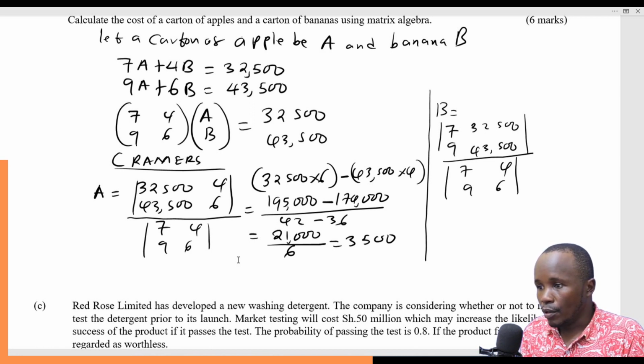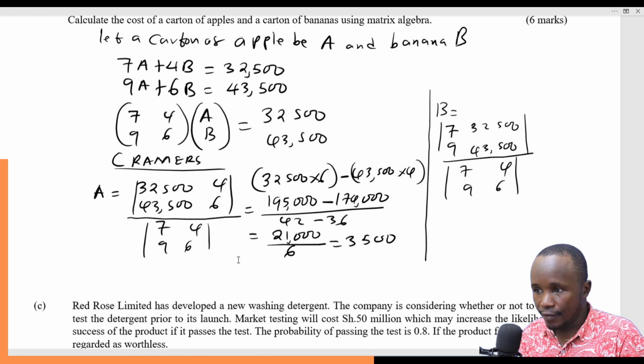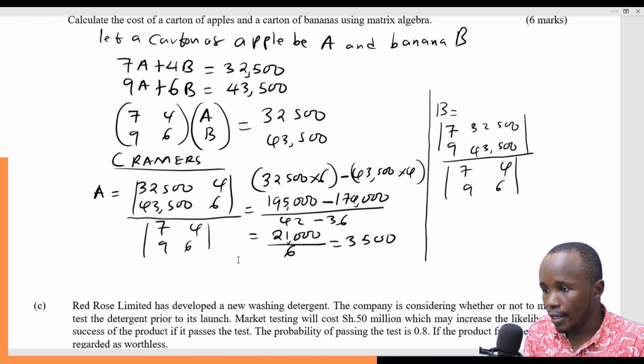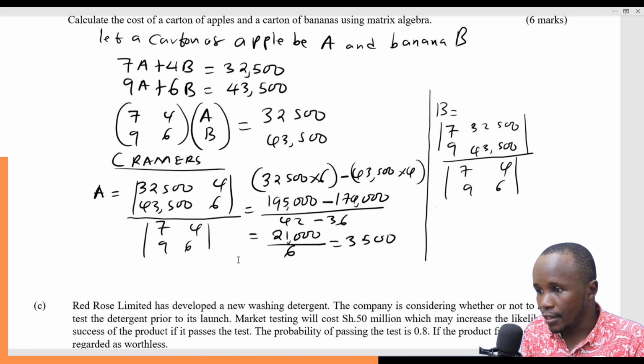So on top there I will have 7 times 43,500, minus 9 times 32,500, divided by 42 minus 36.